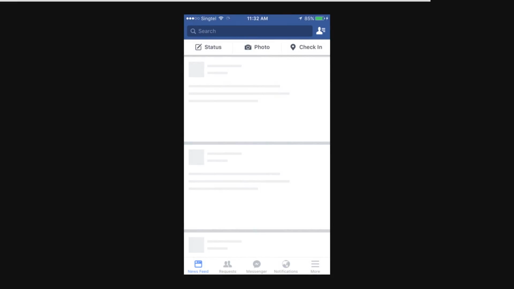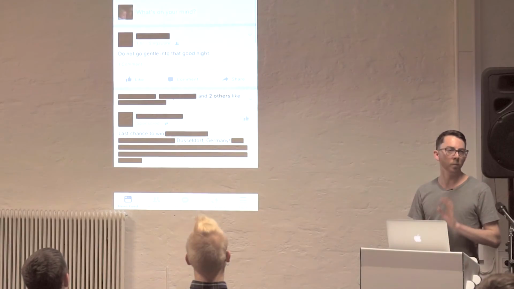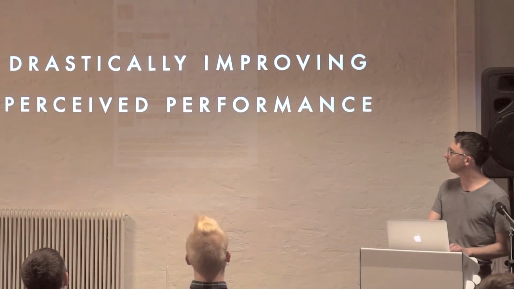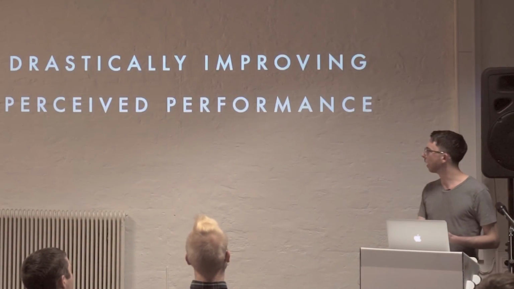As a user, you get that sense of spatial awareness before the content loads. You kind of know where everything's going to be. You know the information architecture to some degree before things load, and it helps that sense of speed rather than a blank page. So we're drastically improving the perceived performance with a bit of trickery, rendering ahead of time.